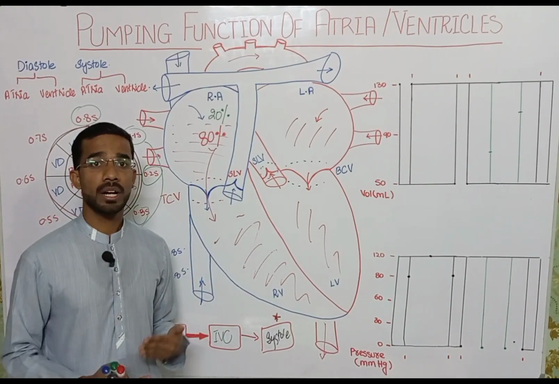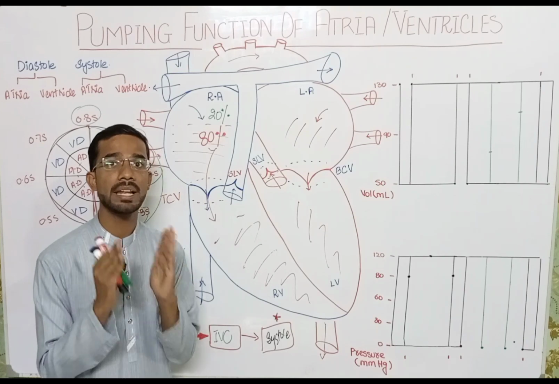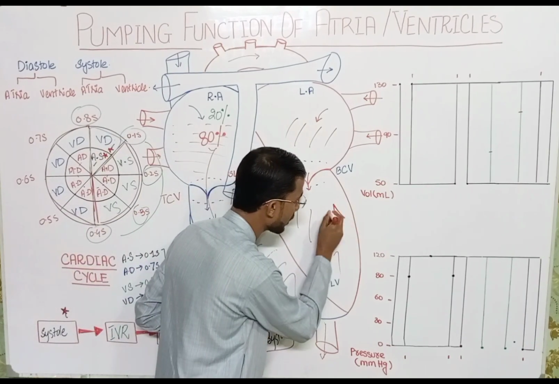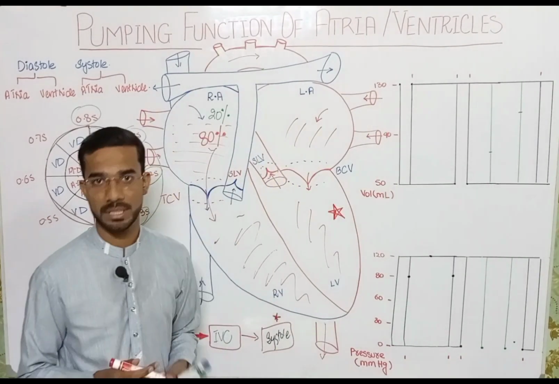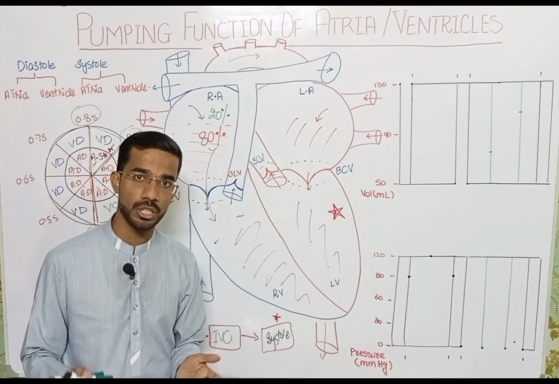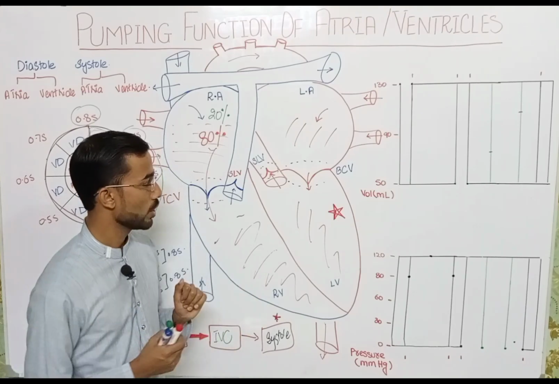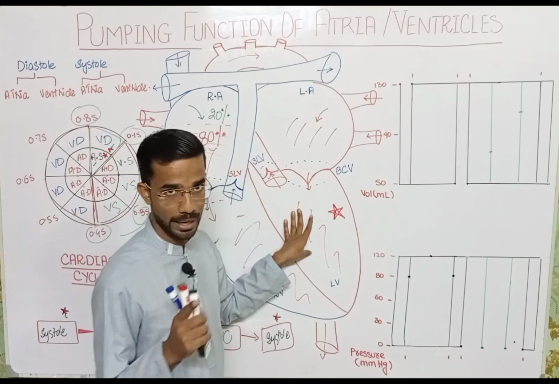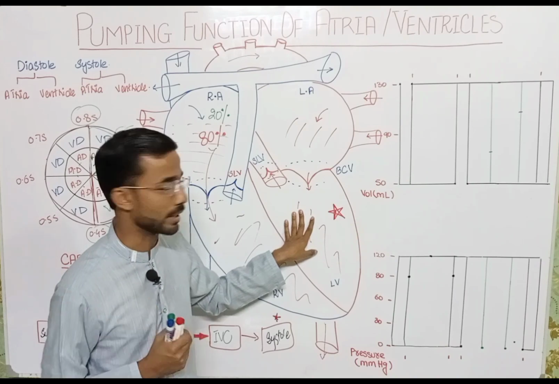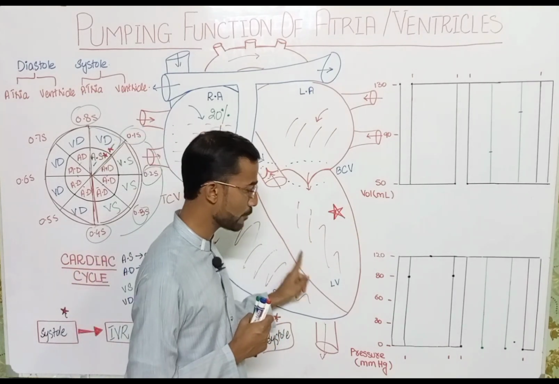Now if we talk about the pressure and volume changes in the left ventricle, we will discuss specifically the left ventricle. If you see my previous lecture, in which we discussed isovolumic contraction, relaxation, and systole and diastole, you can easily understand this lecture. Otherwise this lecture will be difficult for you to understand.